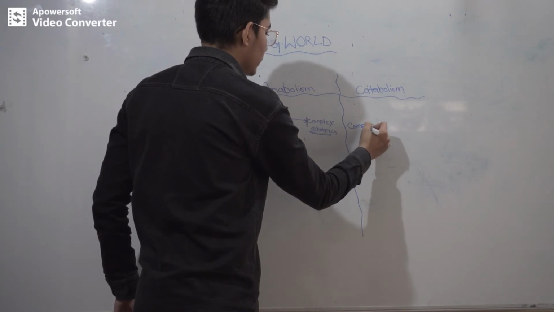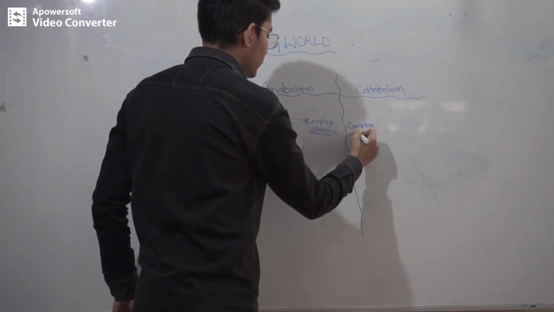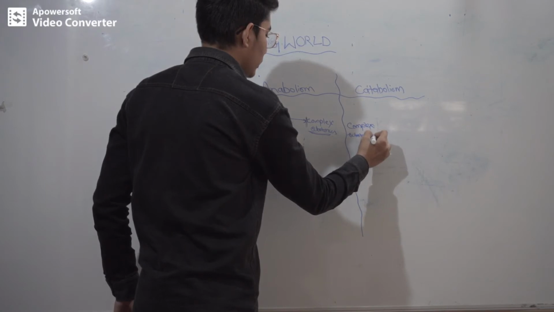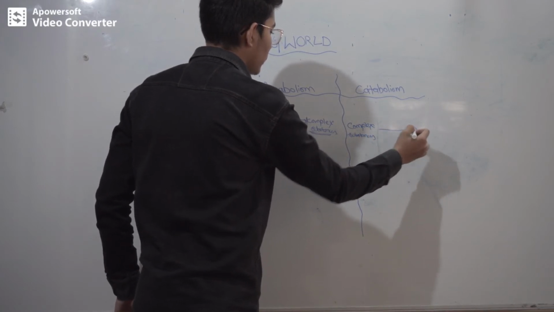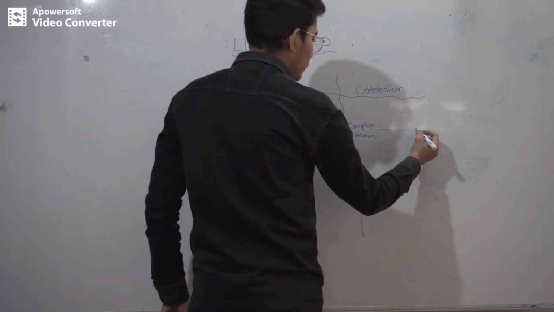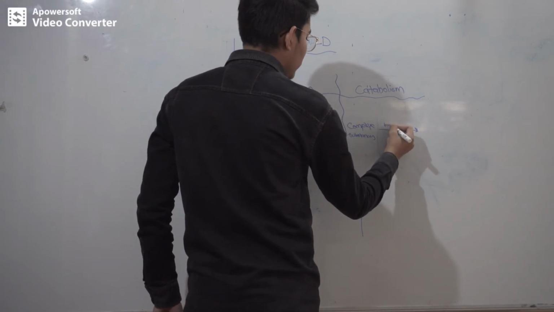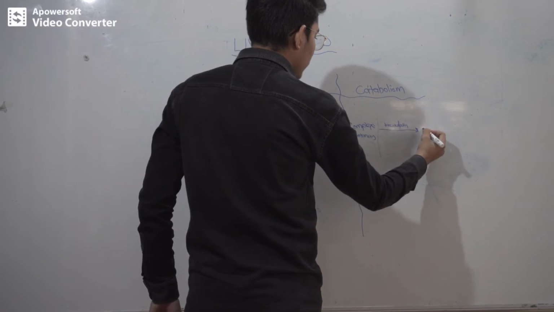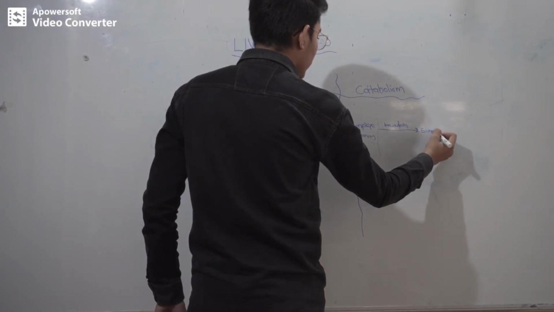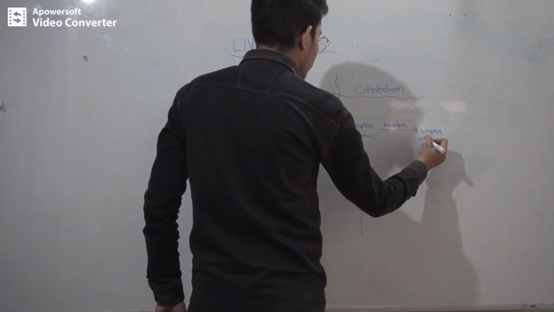Complex substances go through the breakdown and are converted into the simpler substances.